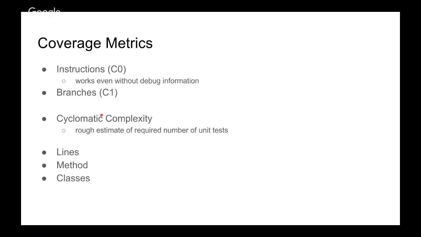This is a definition of the number of independent paths through the method, which basically form a base to all possible paths through the method. And the value of that is a rough estimate of the required number of test cases, the number of independent unit tests you should execute to fully cover your code. And this gives you a nice idea.